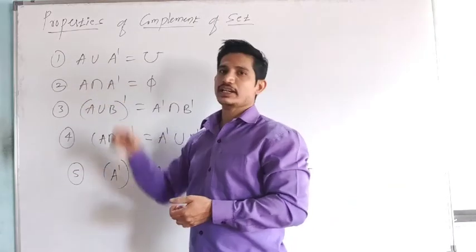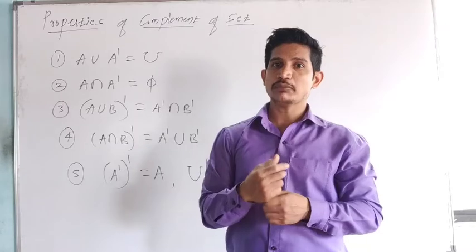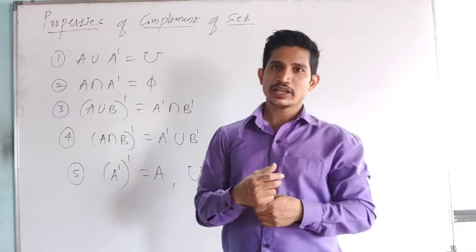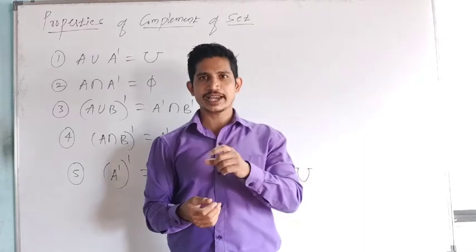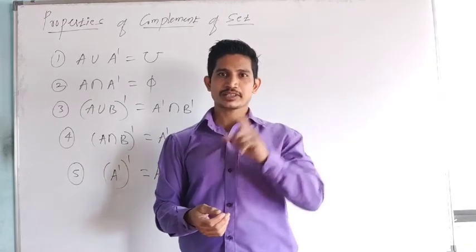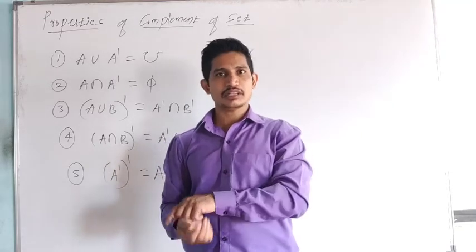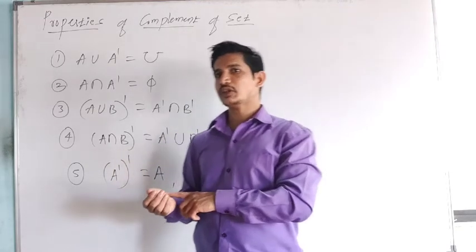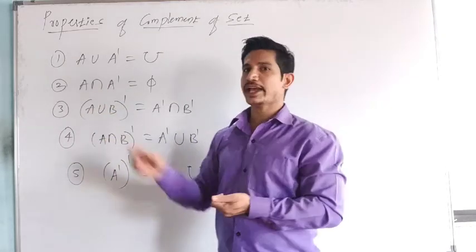Okay. Now the second property is what here? A intersection A dash. What is A intersection A dash? Common between A and A dash. In the previous example we saw that A has odd elements, then A dash has even elements. So if I take the common between the odd and even elements, there is nothing common, so it is an empty set.